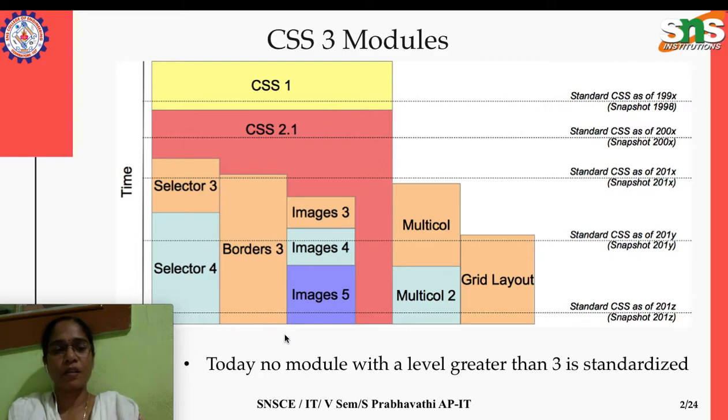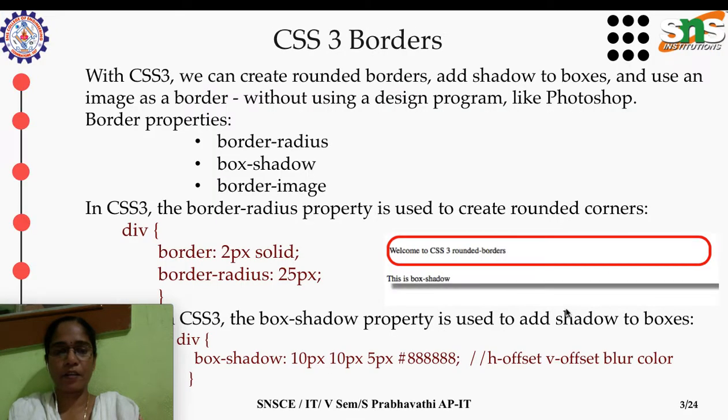It means if we use features from Selectors 4 or Images 5, those things may be upgraded in the future. Those are not standard and not recommended. We could use them, but they are not standardized. That's it about the modules, and we will talk about a few features one by one.